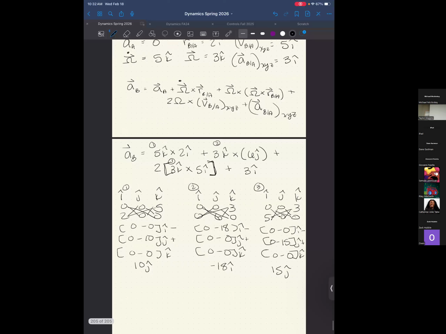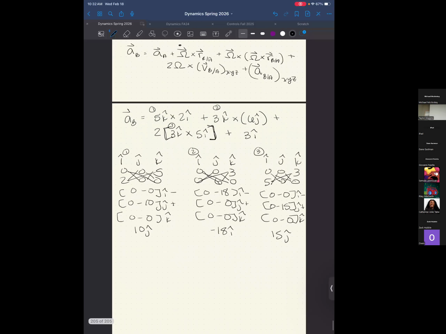15J. Okay, so now I'm going to plug in acceleration of B equals first cross product 10J plus second cross product minus 18I plus 2 times my third cross product. Did you get 30J? I did. Yep. Beautiful.